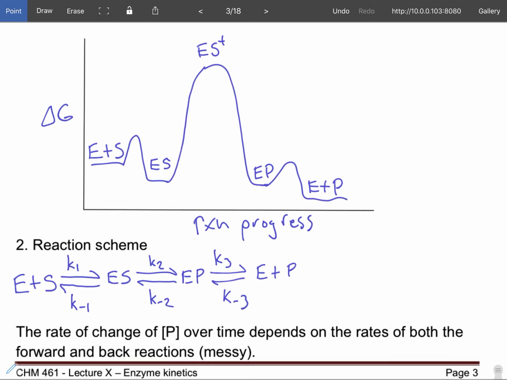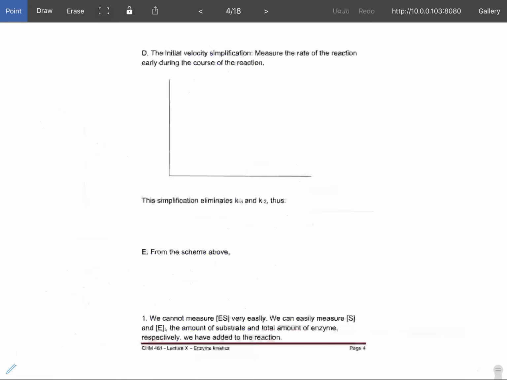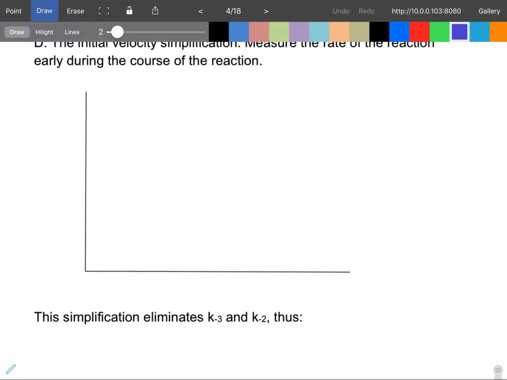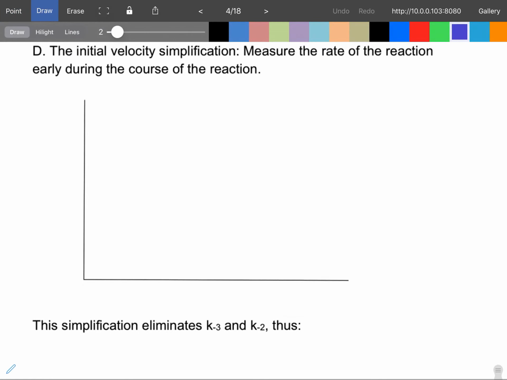And so we have to do something special in order to really just look at one part of that. We really just want to look at one of those arrows. And so what we're going to do is simplify everything via the initial velocity simplification. And this is where we're going to measure the reaction rate early. That's the key thing with the initial velocity simplification, is that we're going to do everything early during the course of the reaction.